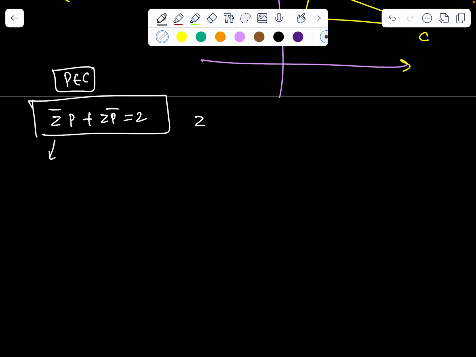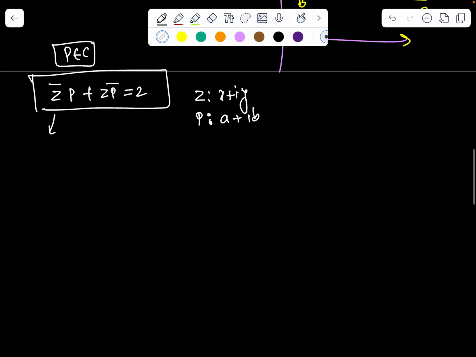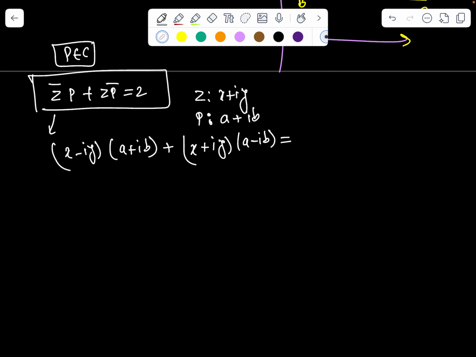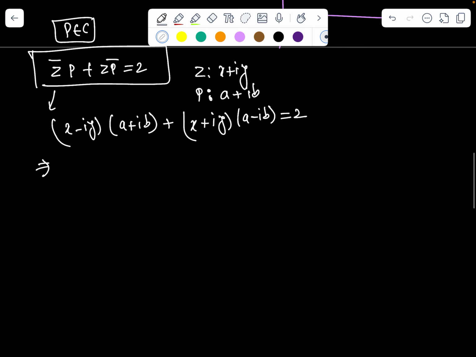If I represent z as x plus iy, and p as some a plus ib complex number, so this is going to be (x minus iy) times (a plus ib) plus (x plus iy) times (a minus ib). Even last year JEE Advanced asked a similar question. So this is a hallmark of a line in the complex plane, right?